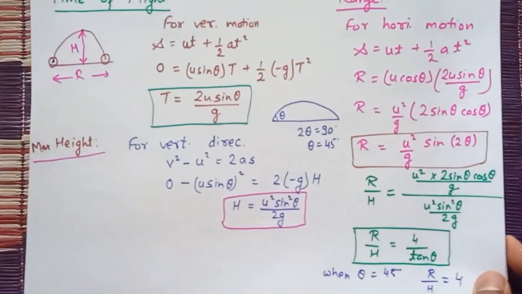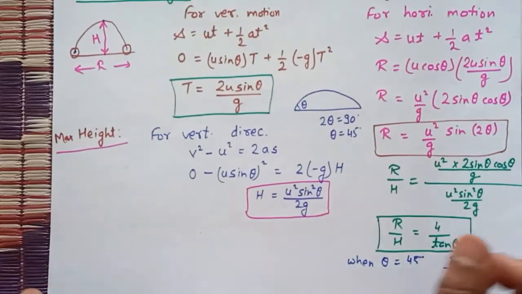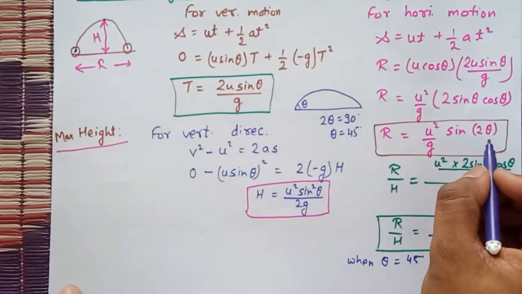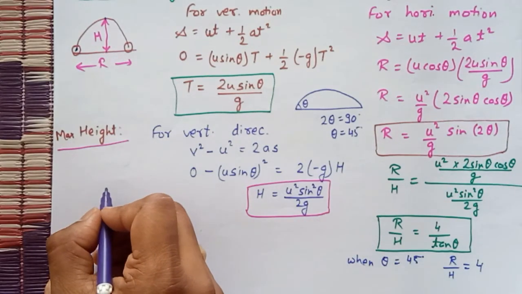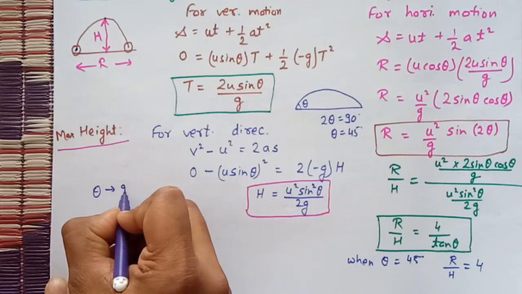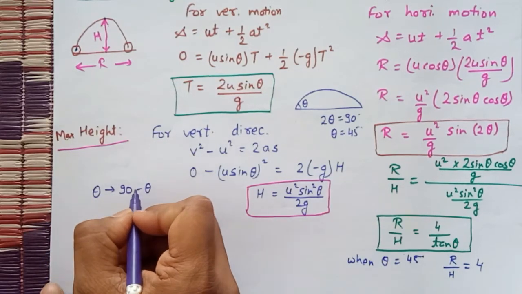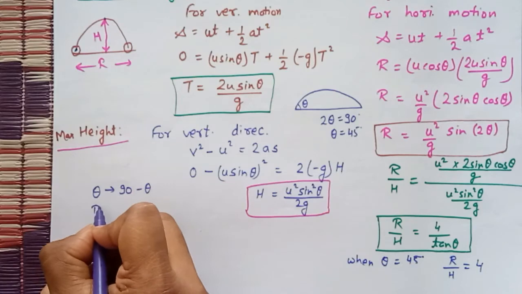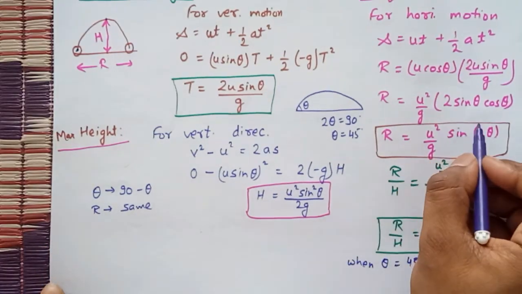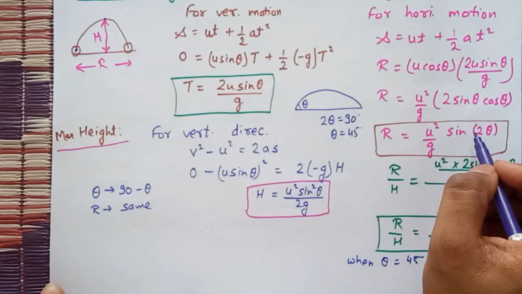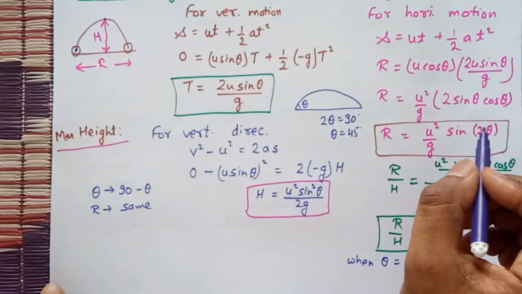Okay, one more thing, when we replace theta by 90 minus theta, then range will remain the same.